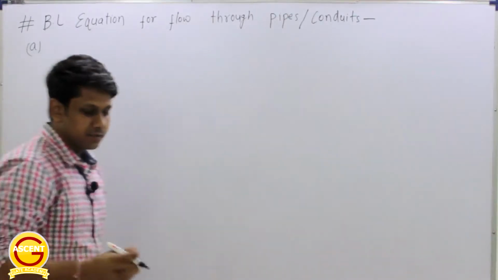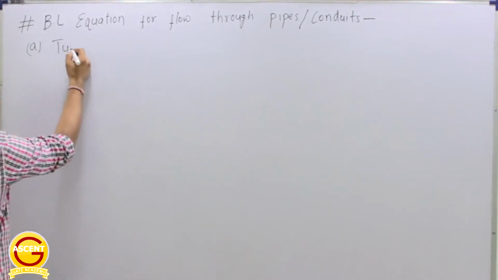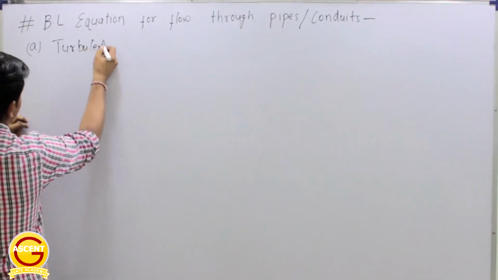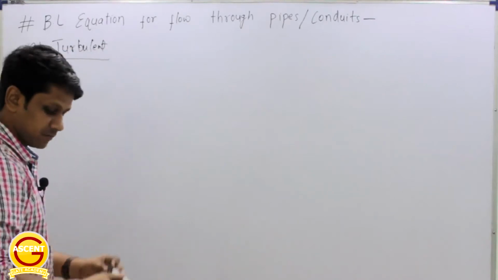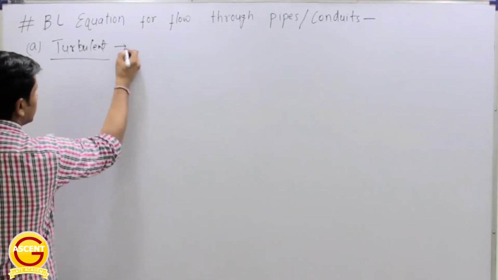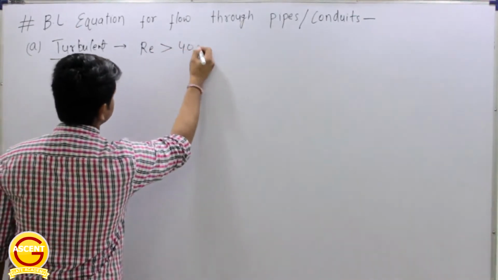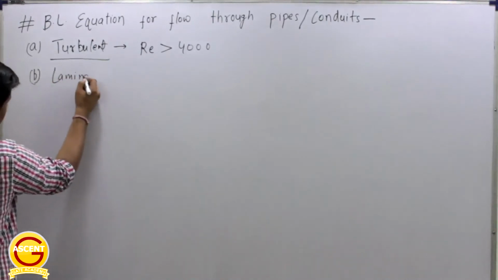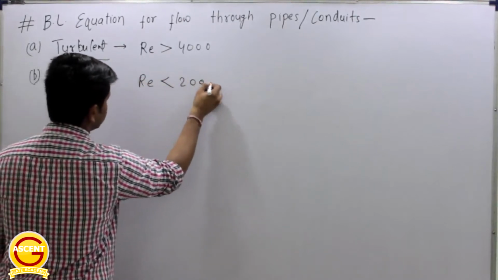So when can we consider the flow to be turbulent or laminar? Let's see that. If you have to identify whether the flow is turbulent or laminar, you will say the flow is turbulent if the Reynolds number is greater than 4000, and for a laminar flow the Reynolds number should be less than 2000.